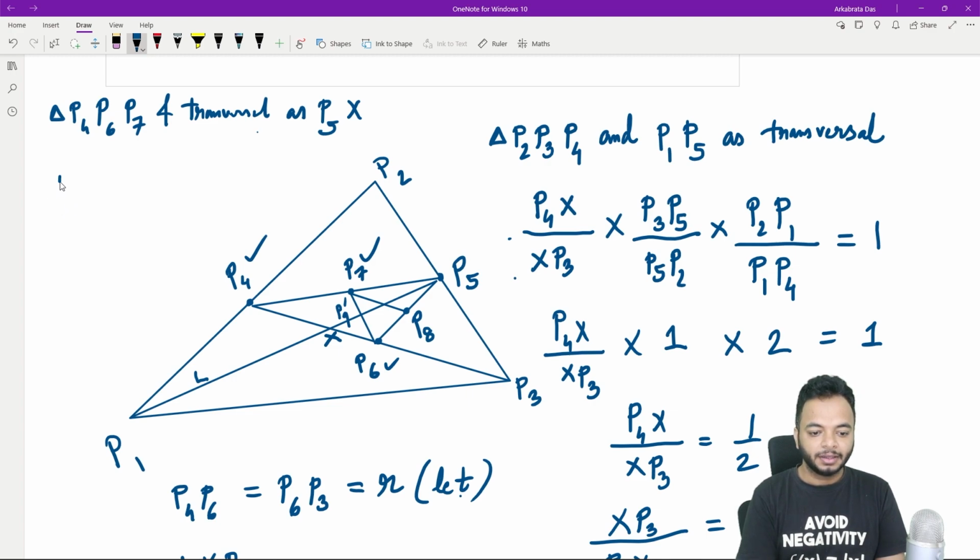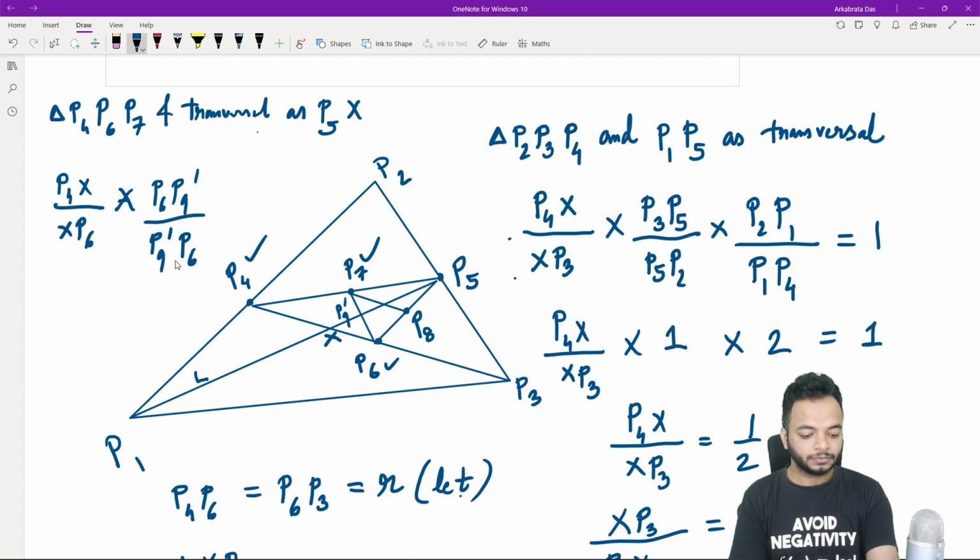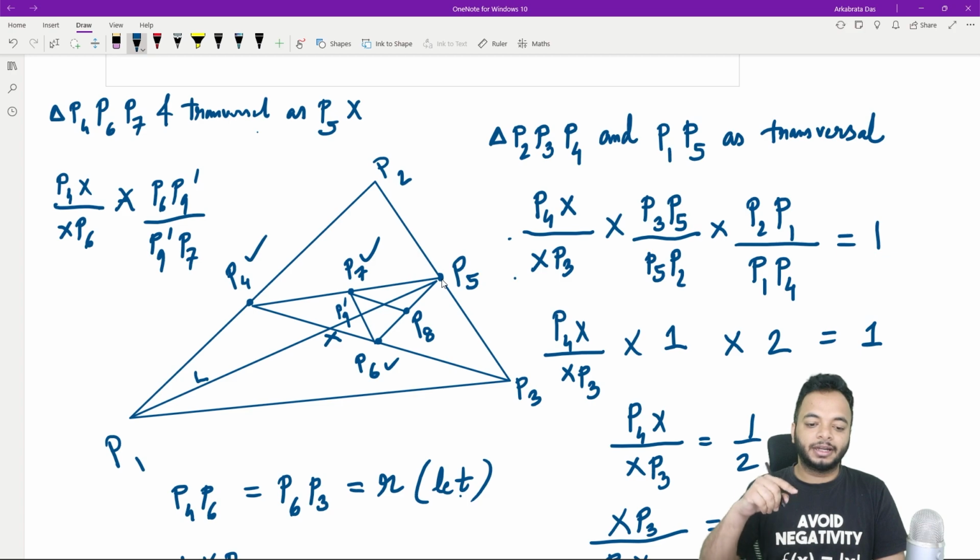So I have P4x divided by x P6, times P6 P9 dash divided by P9 dash P7, and then you see that in that triangle the transversal is cutting the side P4 P7 at P5.